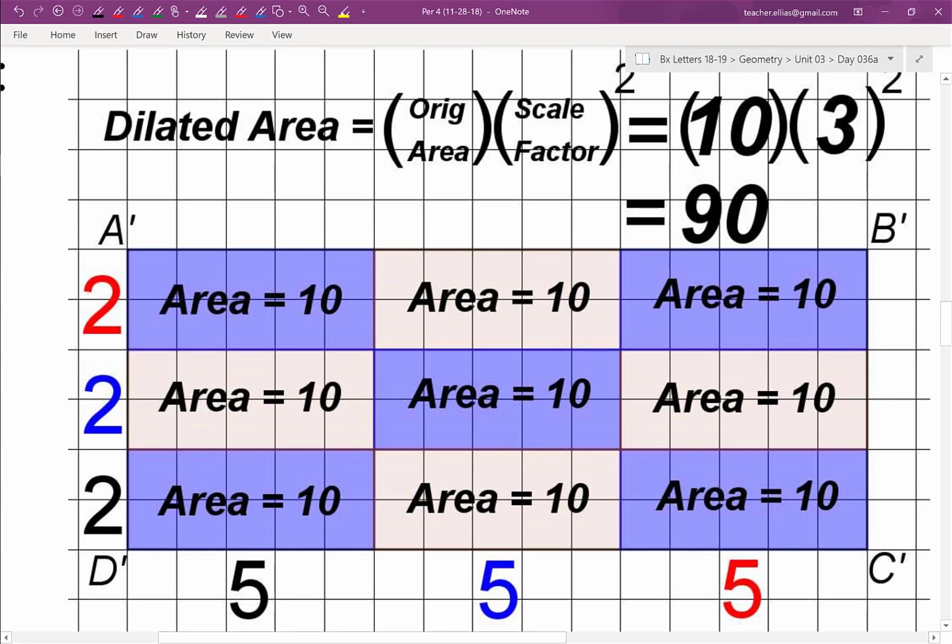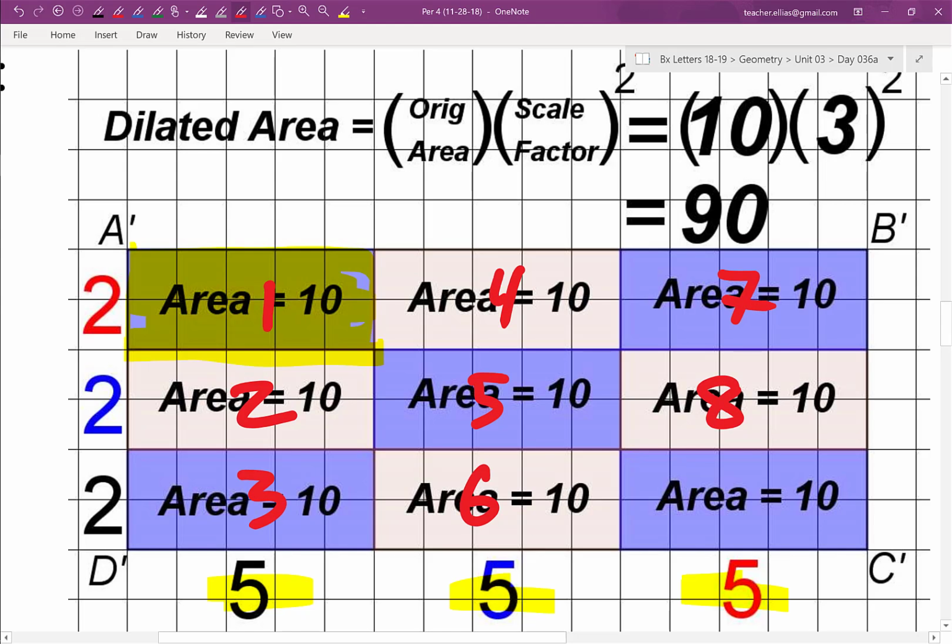That original side of 2 happens once, twice, 3 times. That original side of 5 happens once, twice, 3 times. How many of our original rectangles fit in this dilated shape? There are 9. 1, 2, 3, 4, 5, 6, 7, 8, 9.